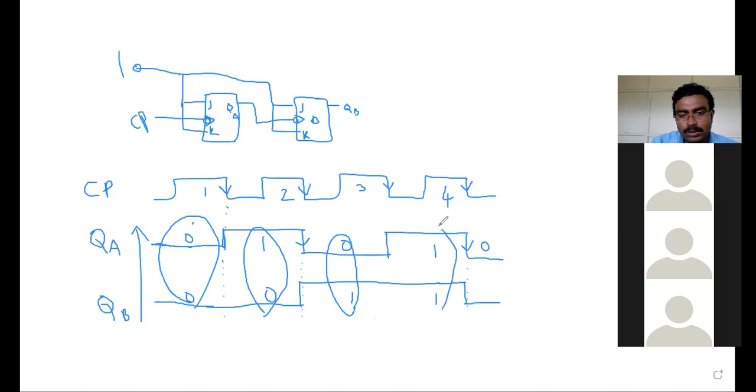Then what is this? 1, 1. That means you have 0, 1, 2, and 3 here. So your 2-bit counter has a total of 4 states, from 0 to 3. This is how an asynchronous 2-bit counter works.